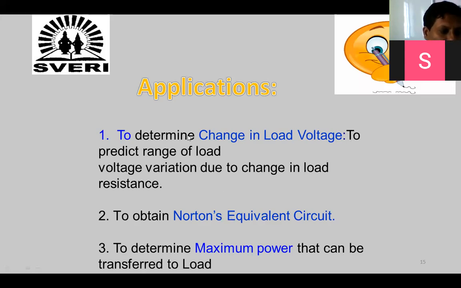Next, by changing the load resistance, you can vary the load current. What will the load current depend on? Load resistor. If you change the load resistor between A and B terminals, you can easily change the current according to the requirement. These are the applications for analyzing a circuit using Thevenin's theorem.